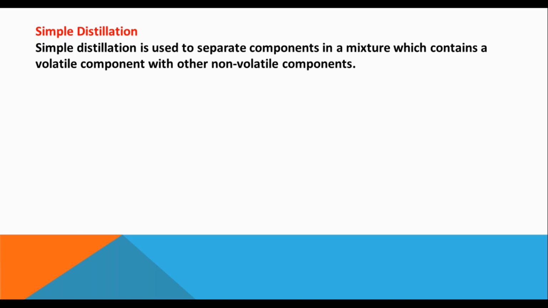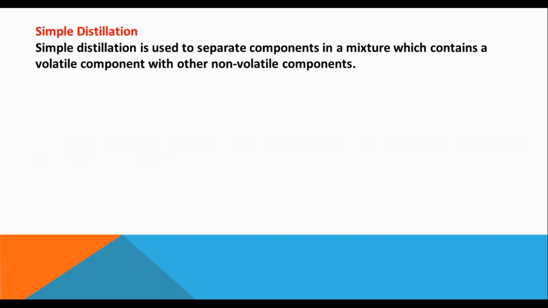Simple distillation is used to separate components in a mixture which contains a volatile component with other non-volatile components. In simple distillation, only one volatile component is there. Volatile means having a lower boiling point, which can quickly vaporize upon supplying heat. So accordingly, when only one volatile component is there, we apply simple distillation.